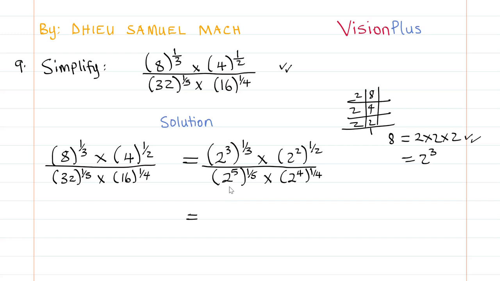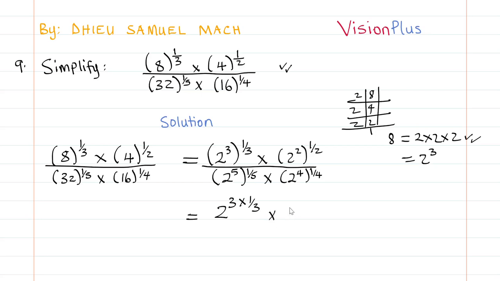Therefore, we need to multiply the powers on each of the bases. So for the first case, we shall have 2 power 3 times 1 out of 3. You simply multiply those two powers.